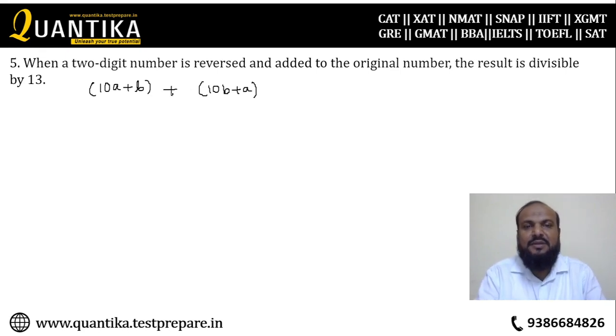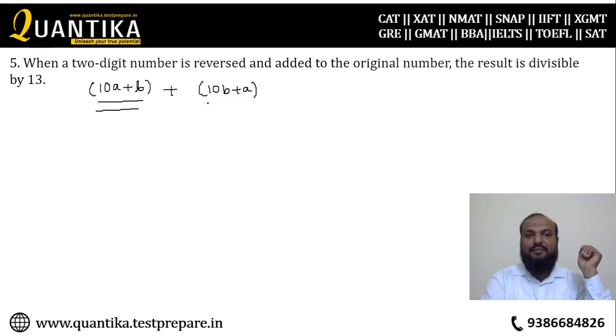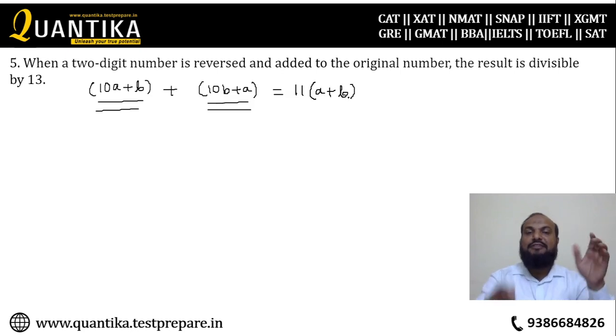So this is the sum of a two-digit number and the number obtained by reversing its digits. So 10a plus b and then 10b plus a. Right? When you add the two, you get 11 into a plus b. We have discussed this in the previous part of this video.